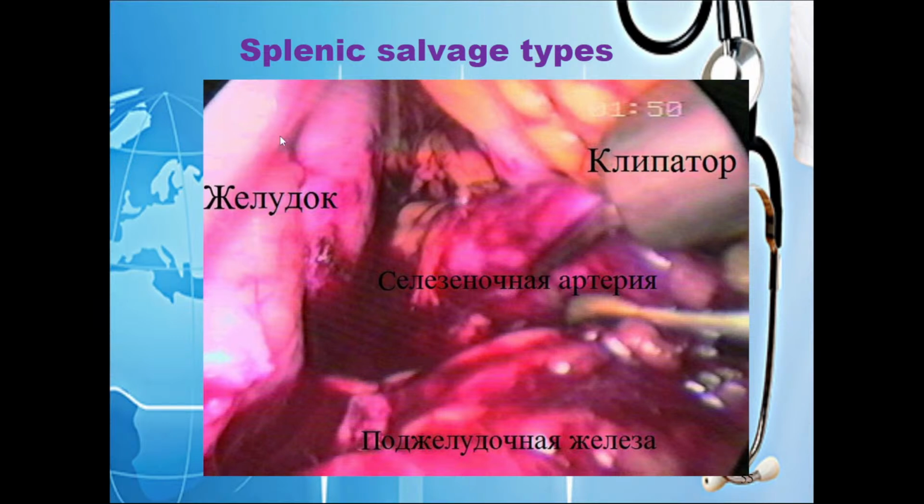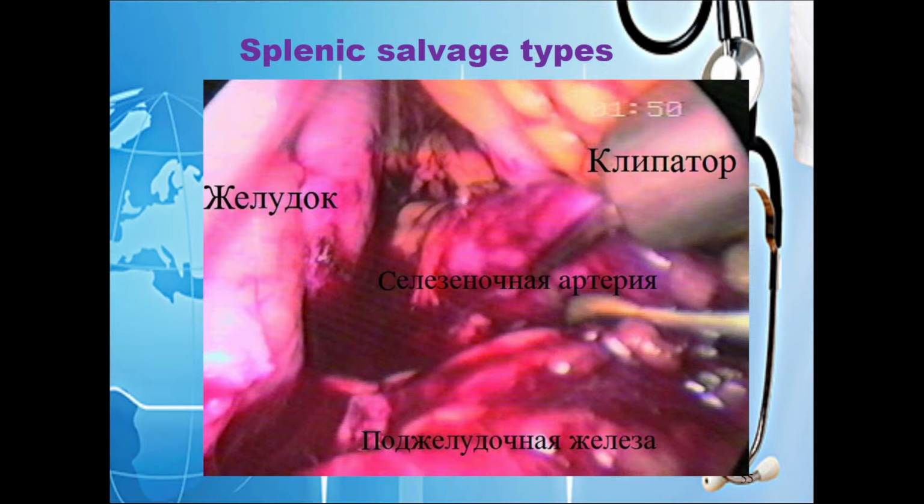Okay, the stomach is here, the pancreatic gland is here. So the approach is through the lesser omentum. The approach is through the gastrocolic ligament. A rather convenient approach, access to the abdominal cavity.